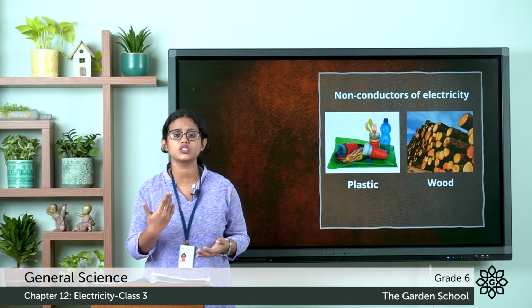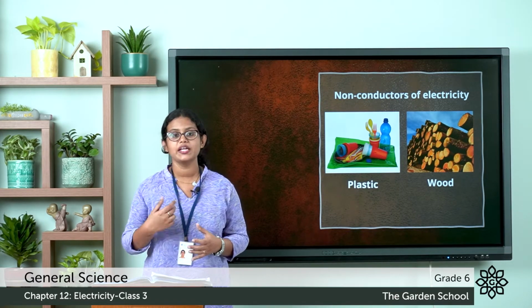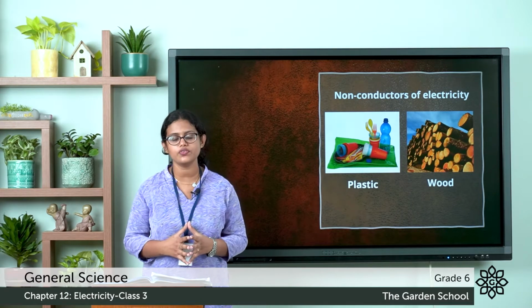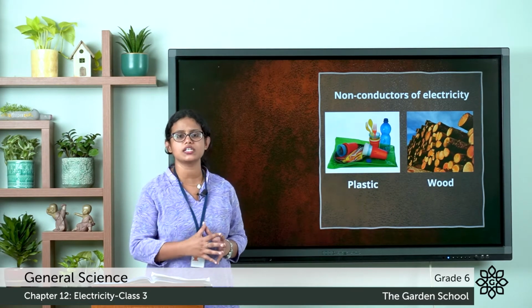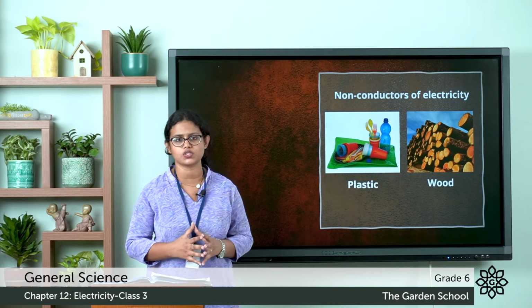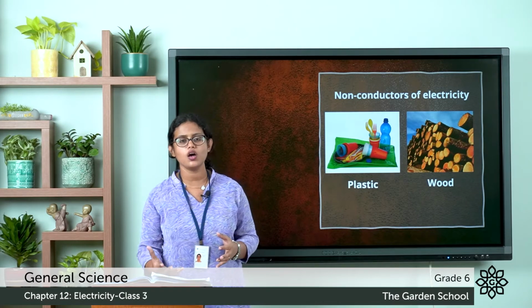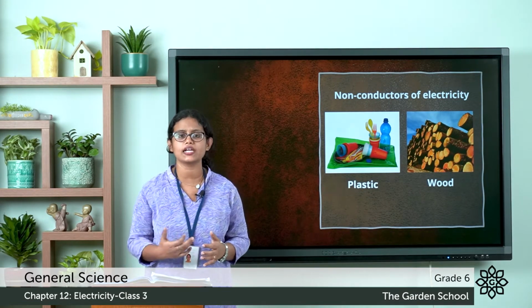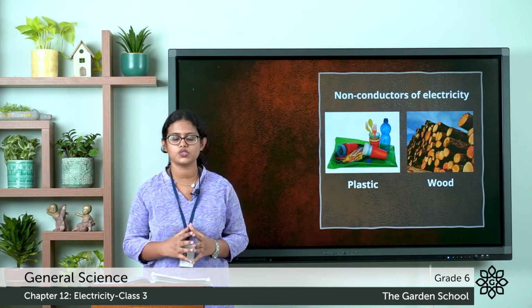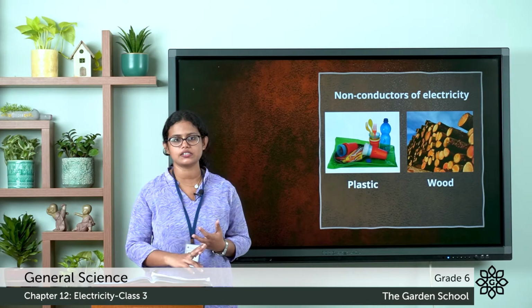To make electric wires safe, they are covered with plastic because plastic does not allow electricity to pass through it. So that is about non-conductors, which are called insulators. First we discussed conductors and then insulators.